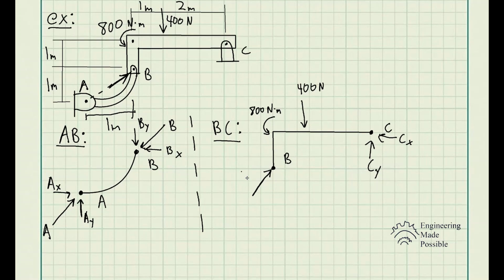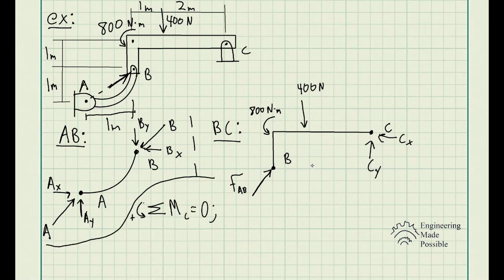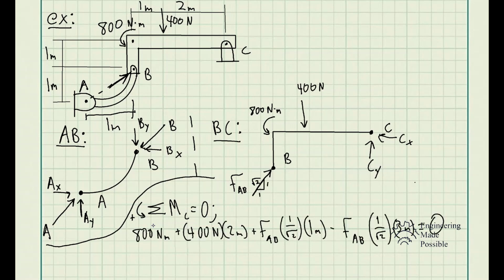So I'm going to call this FAB, and let's apply the static equilibrium equations only to member BC here. First I'll do the sum of moments with respect to point C. Of course, counterclockwise is the positive sign convention. So doing the sum of moments, we have an 800 newton meter external moment being applied to this member.